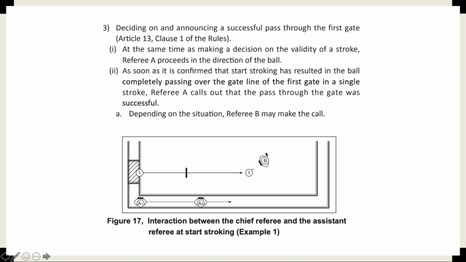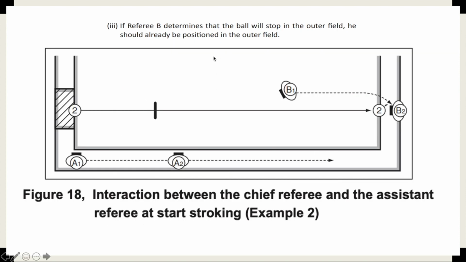And we can see referee B here adjudicating on the positioning of ball 1 after it has stopped moving. If referee B determines that the ball will stop in the outer field, he should already be positioned in the outer field. It's incredibly important to understand that referees move whilst they are making their calls.